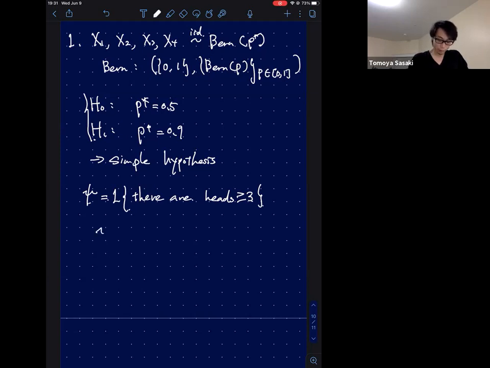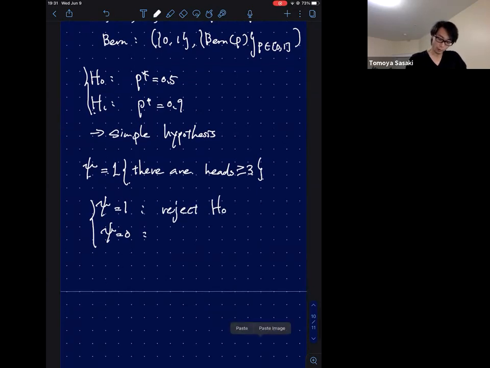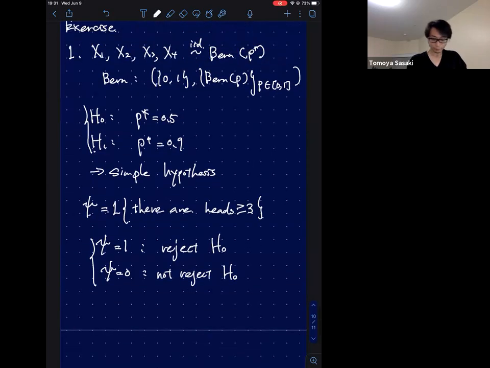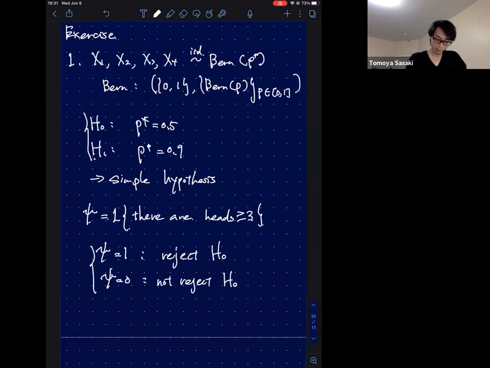As usual, we reject the hypothesis if psi is 1, and not if psi is 0. Okay, so this is the setup. Do you have any questions for this setup we have?